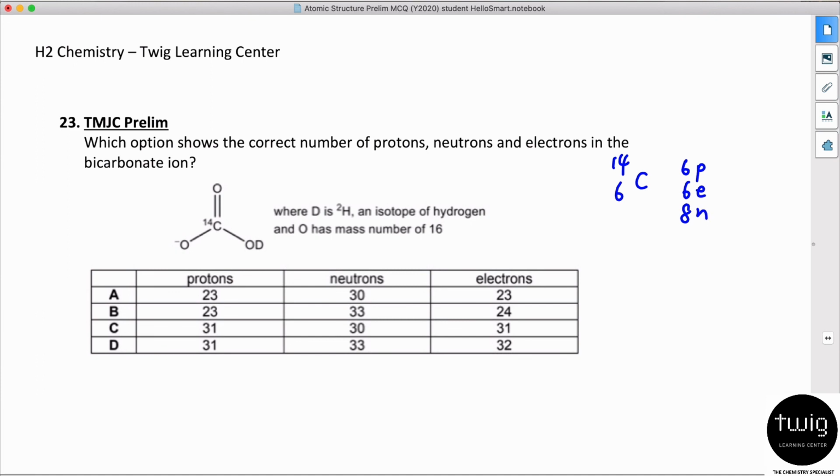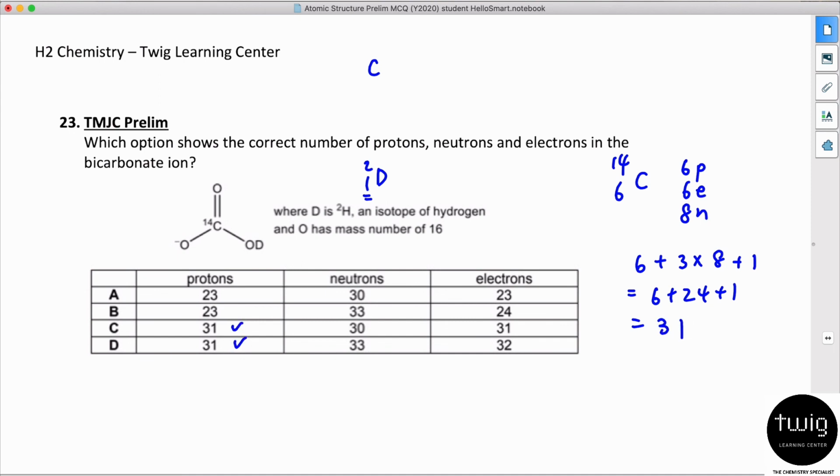Let me calculate the number of protons first. For carbon there will be 6 protons. There are 3 oxygen, so 3 times 8. Deuterium is 2, 1, so use this plus 1. Altogether there will be 6 plus 24 plus 1, which means 31 protons.